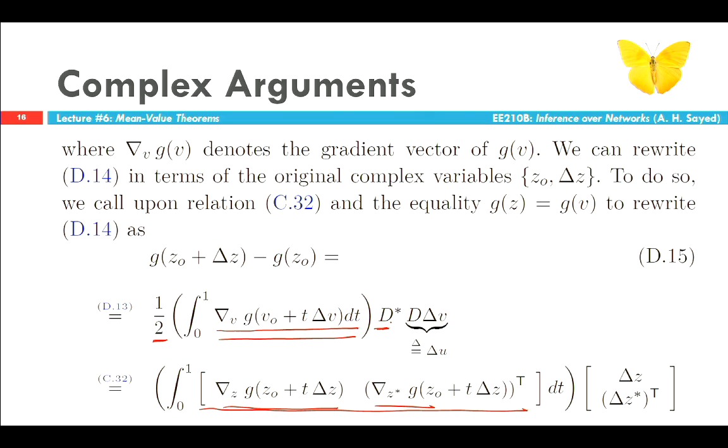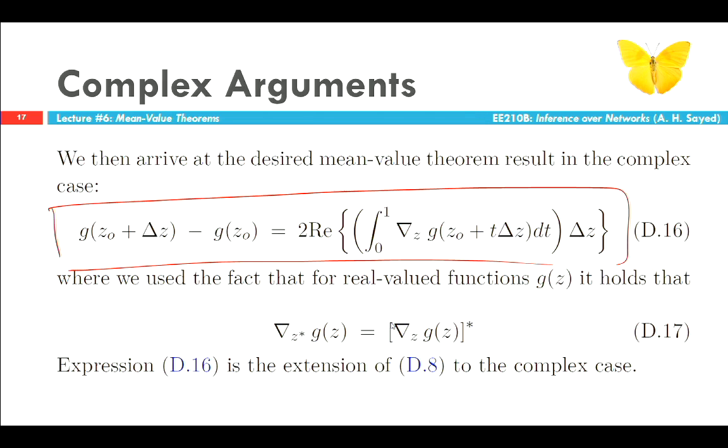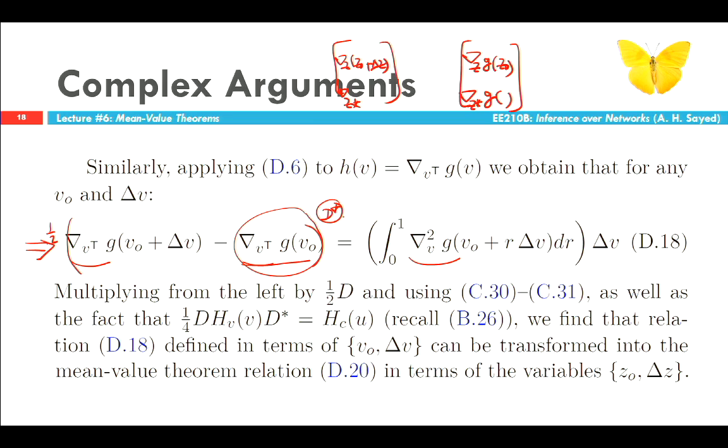So I should have multiplied by 1/2 d star transpose from the left. It's just a simple calculation that I'm sure you can do. So not from here, but on this side.